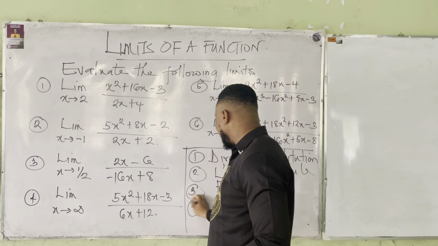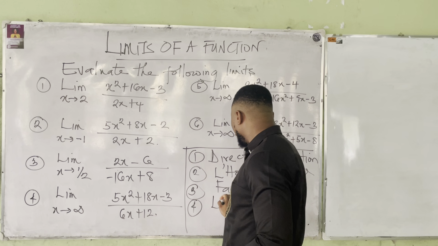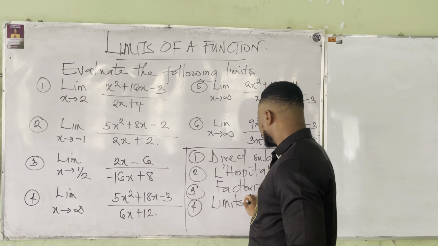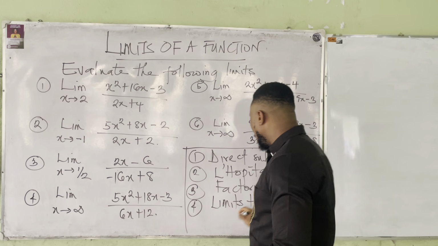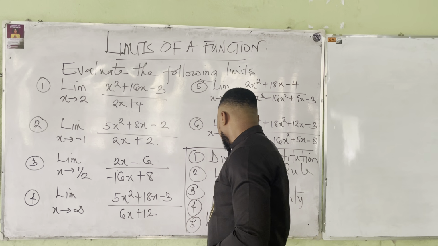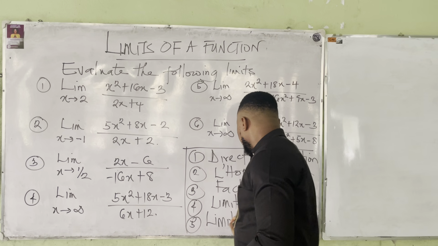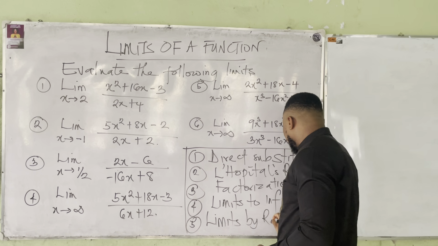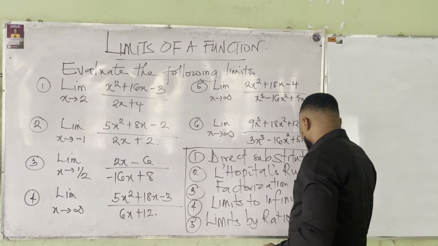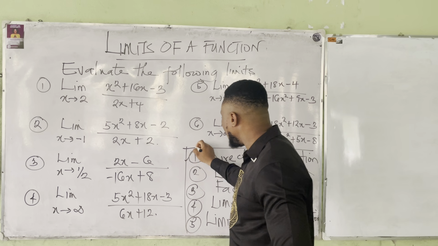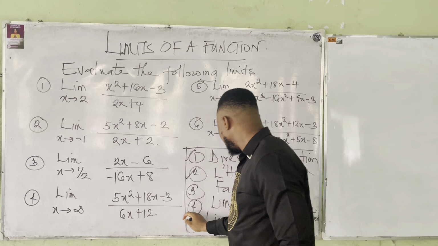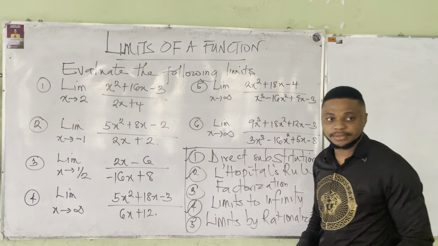Then we also look at limits to infinity. Then we also have what we call limits by rationalization. So for a start, we are going to look at 1, 2, and limits to infinity.